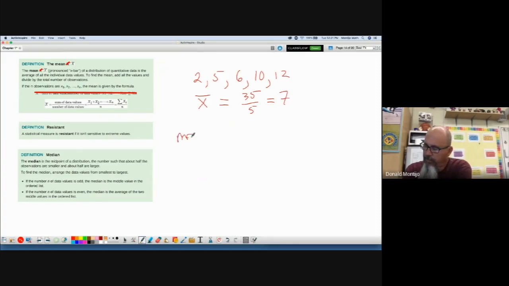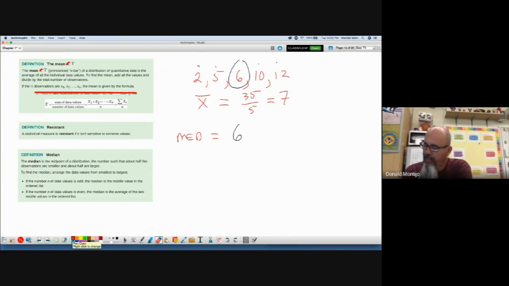What is the median of this data set? Well, it's the middle. Where is the middle of this data set? 1, 2, 1, 2. Oh, the middle is 6. So the median would be 6. What do they mean by resistant? Are you resistant to extreme observations?